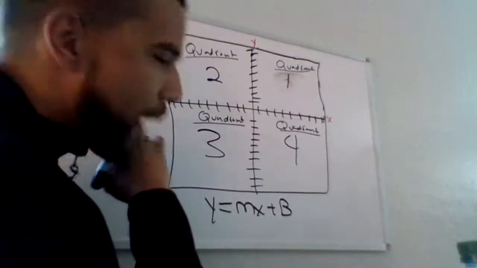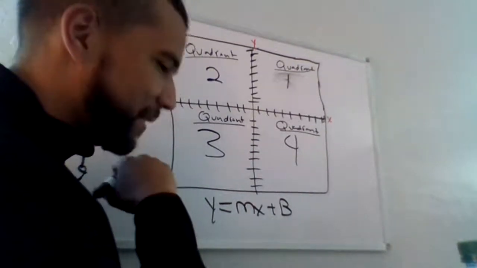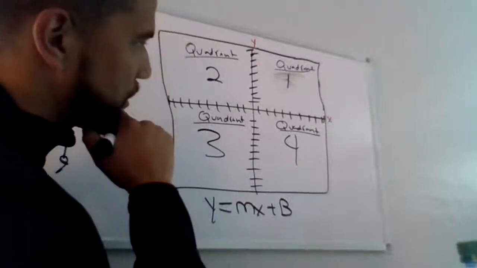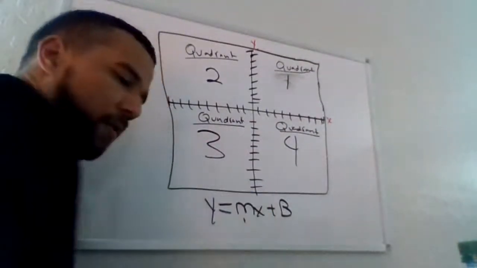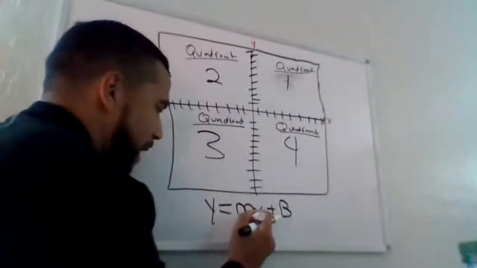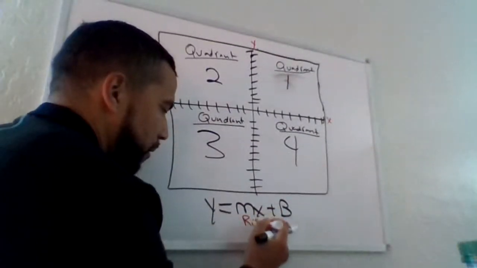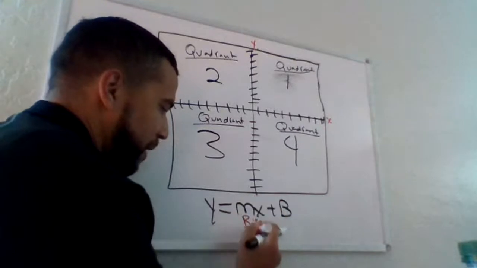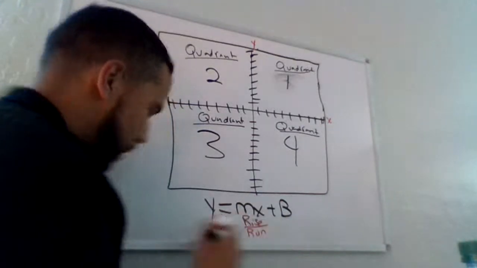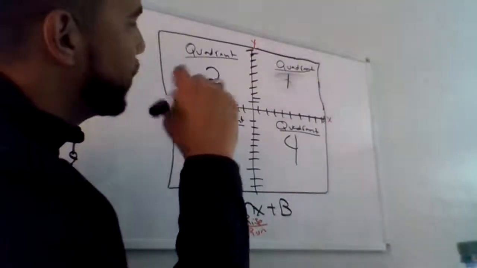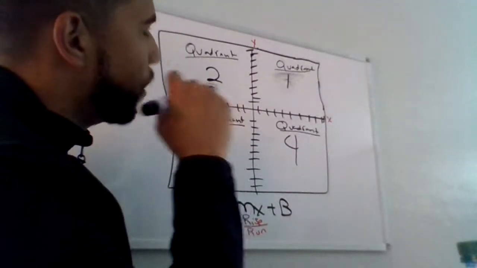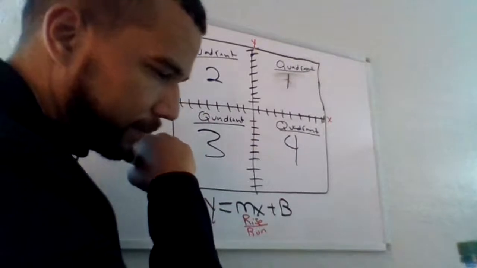Okay, good. Now, where do we find the y-axis? That's actually the real tricky question. We know this is the slope. This is going to be rise over run. This is going to tell us how much we're going to go up and how much we're going to go across. Slope is always going to be a fraction. So how do we know where the y-axis is?